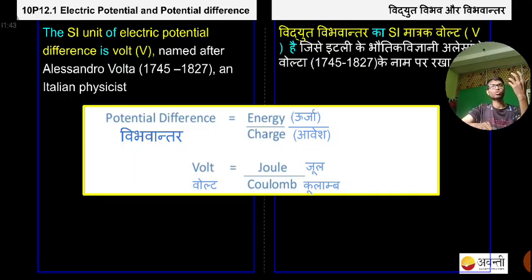In the case of electricity, we take 2 points where electrons will be traveling. So what will be the difference between them? This is what potential difference is. Clear?